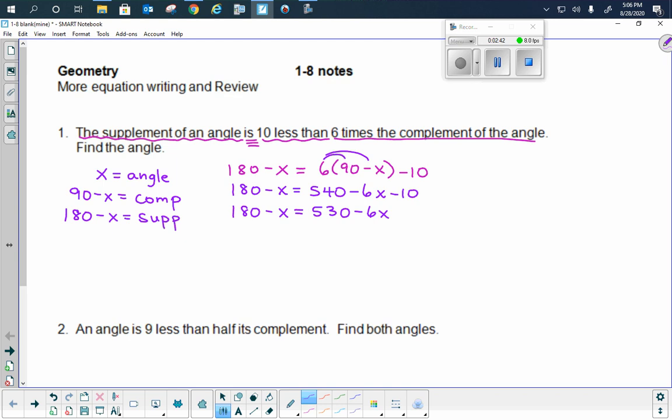All right, I'm ready to move my X's. I'm going to choose to make my X's positive. So which way would that mean I should move my X's? Well, if I want them positive, that means I'm going to add 6X to both sides. That'll go away, and I will have, well, 6X minus X, just because I like my X's first.